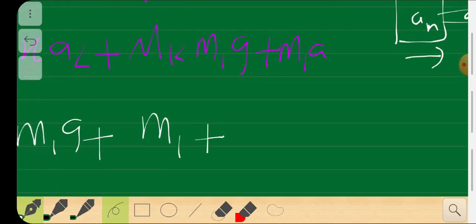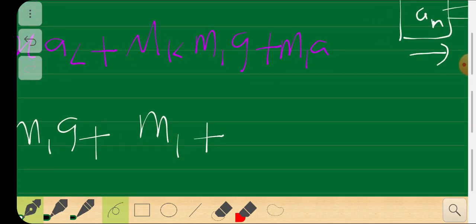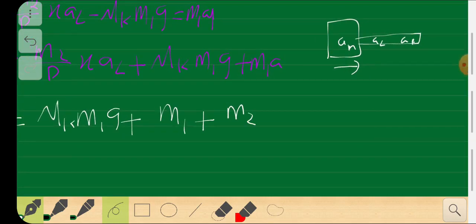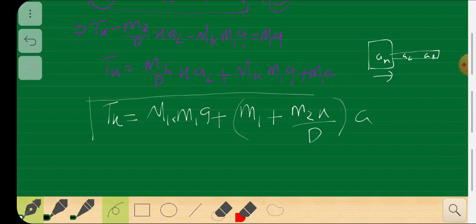So I'm going to take a outside, and I get m1 plus m2 x by d, times a. I'm going to call this equation 4, and this is the equation of tension inside a rope.